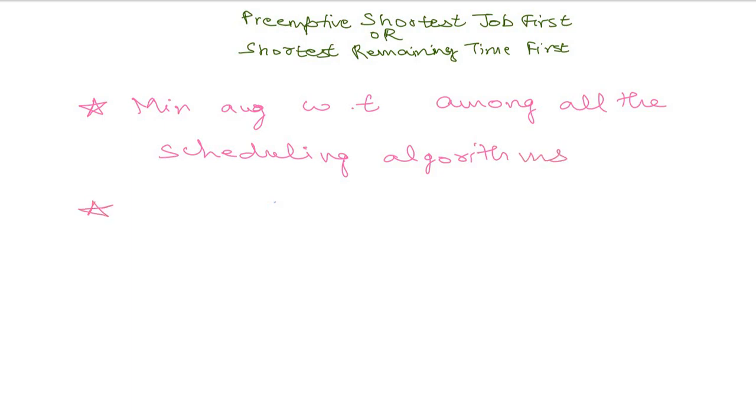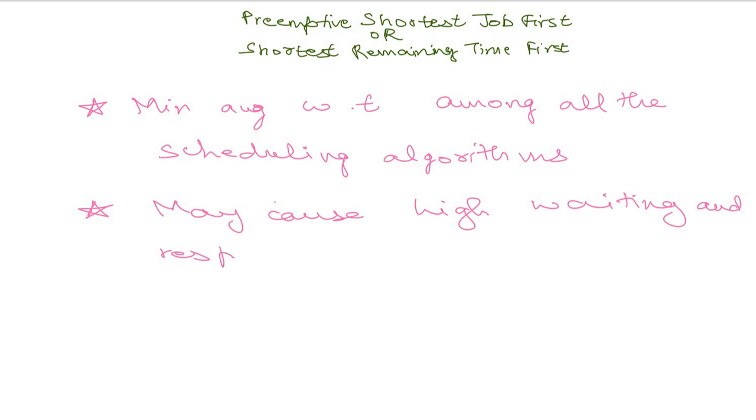The second important point is that it may cause high waiting and response time for CPU bound jobs. Since CPU bound jobs utilize a high amount of time on the CPU, they have high waiting and response time, because we saw that the shortest job is given the priority in this algorithm.